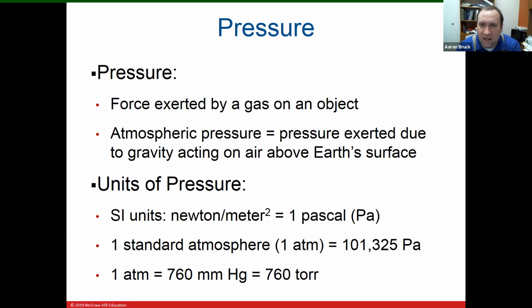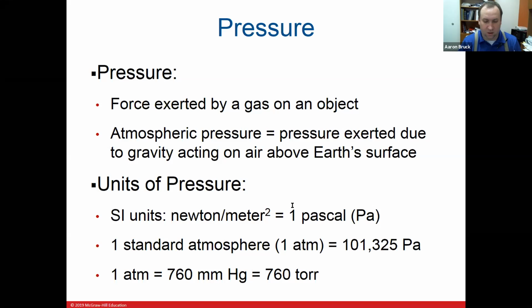So from that standpoint, pascals are not terribly useful to us. If we see pascals, we will see them in their kilo form, kilopascals. 1 kilopascal is 1,000 pascals. Again, we don't see those terribly often either.